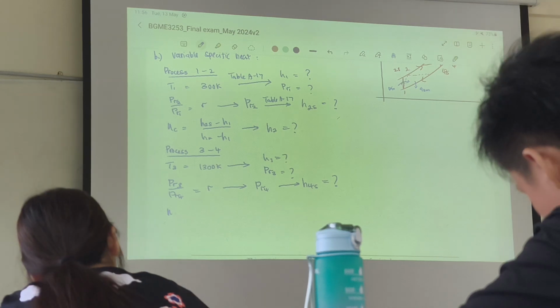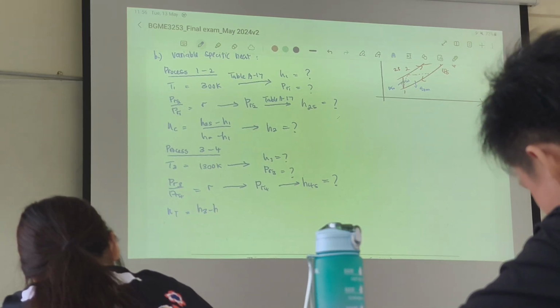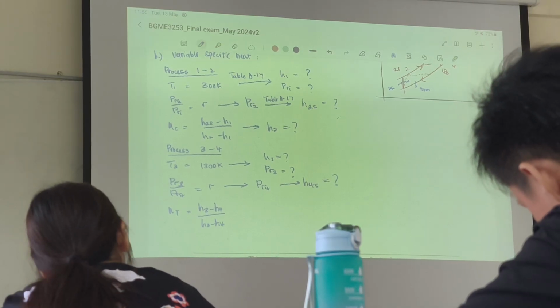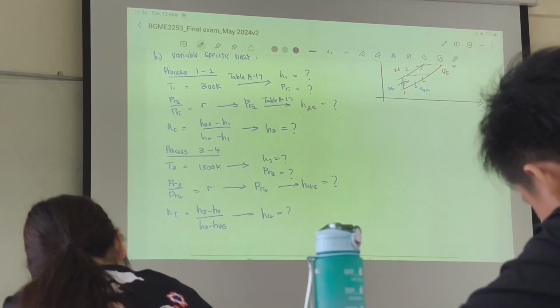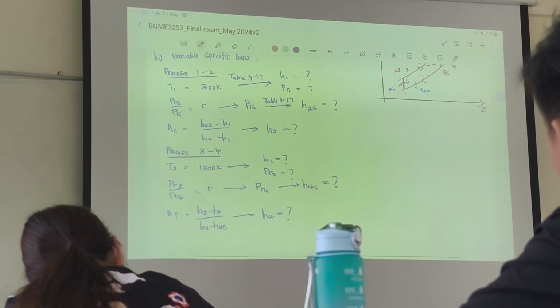After that, the turbine efficiency is H3 minus H4 over H3 minus H4S. From here you can get H4. This way you can get all the enthalpies. This one is pretty straightforward.